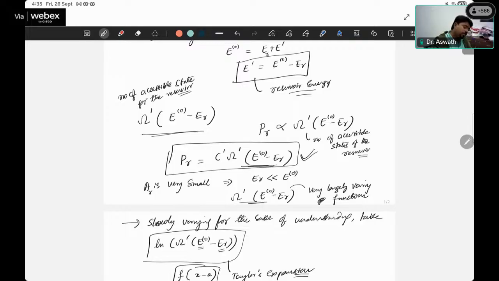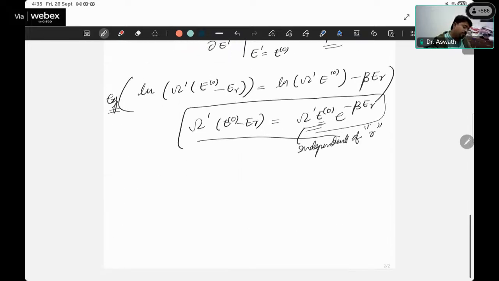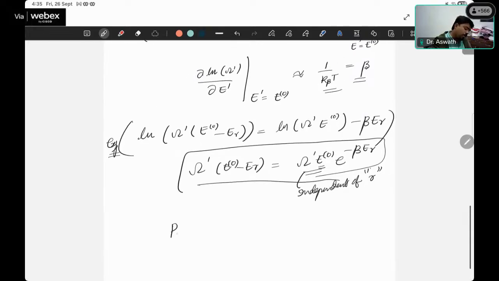Now I know this expression in terms of the Taylor expansion result, so I'll put that in. I get P_r equal to some C prime times omega prime of E of 0 minus E of r.